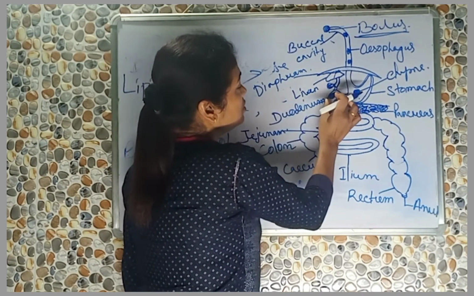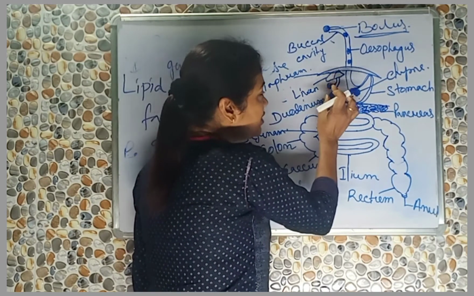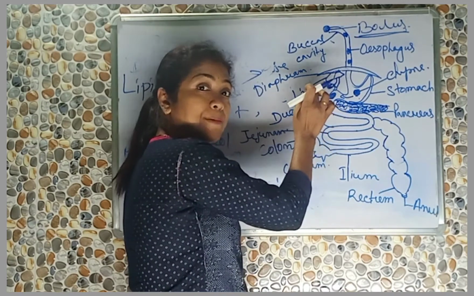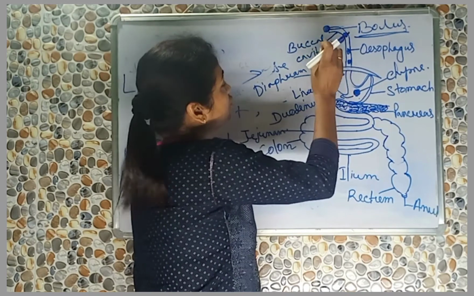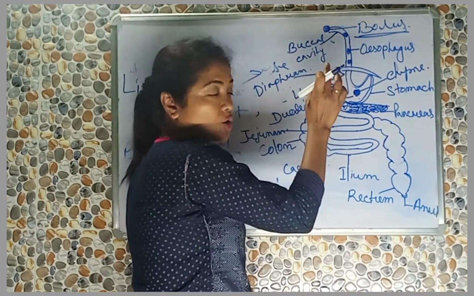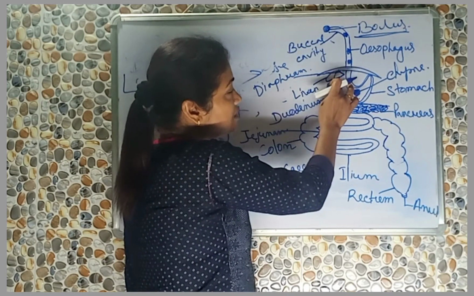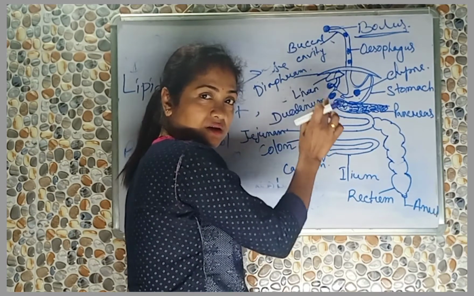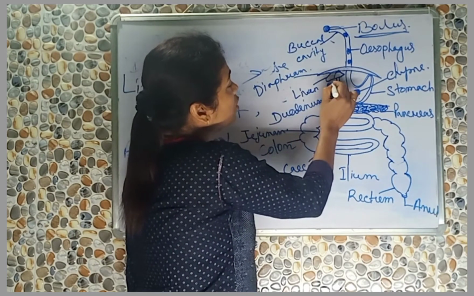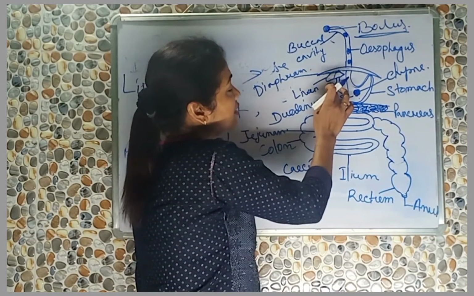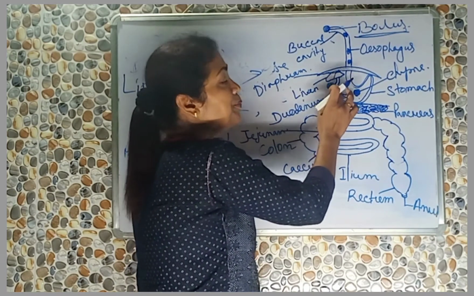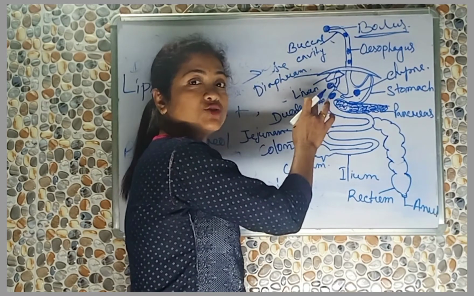And now the food mixture is mixed with the bile. Bile is secreted by the liver. So liver secretes bile, which is drained out through the bile duct and temporarily reserved inside the gallbladder. And from the gallbladder, the bile is drained into the duodenal part of the small intestine.